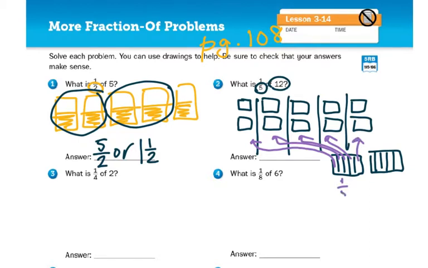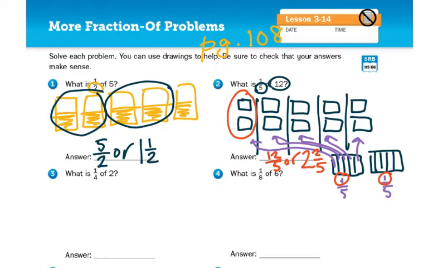So you're each going to get 1/5 of this square and 1/5 of this square. All together, they would get 12/5, or 2 whole, and then 1/5 and 1/5 of that one, so 2/5. So 12/5 is the same as 2 and 2/5.